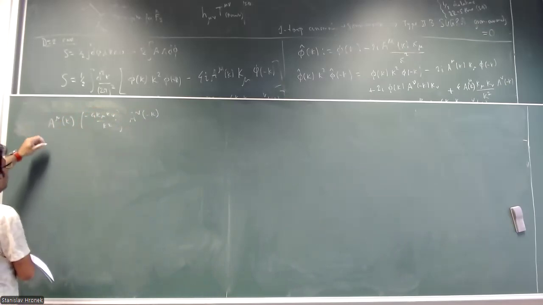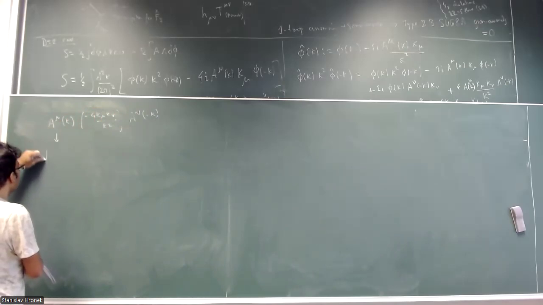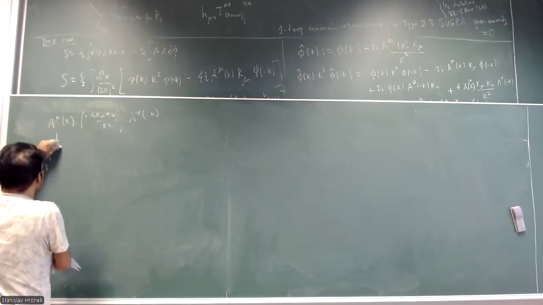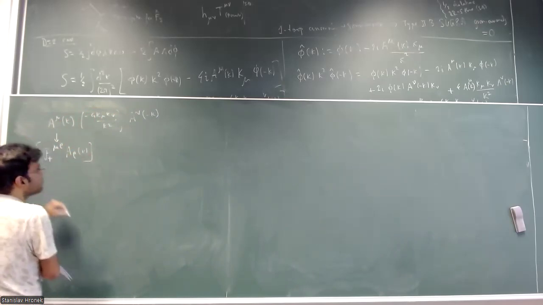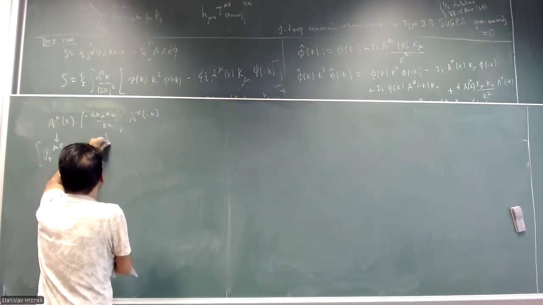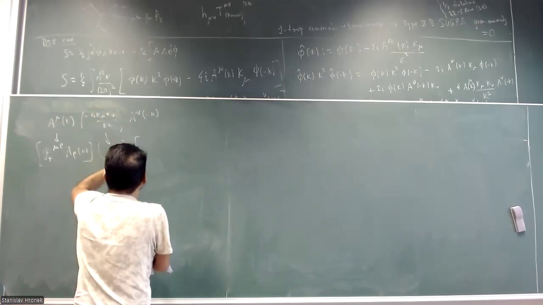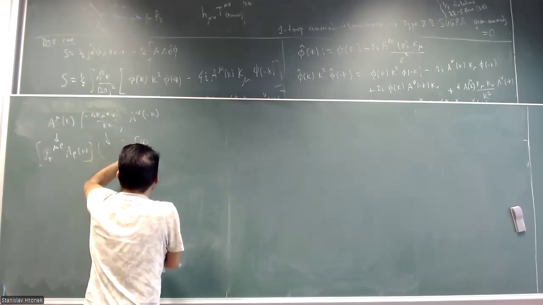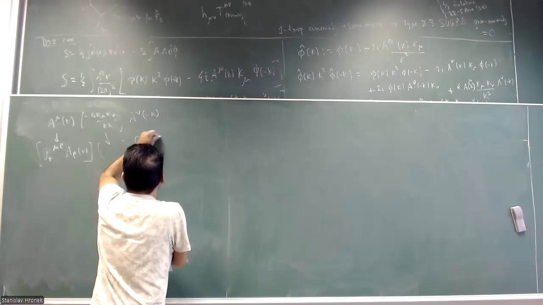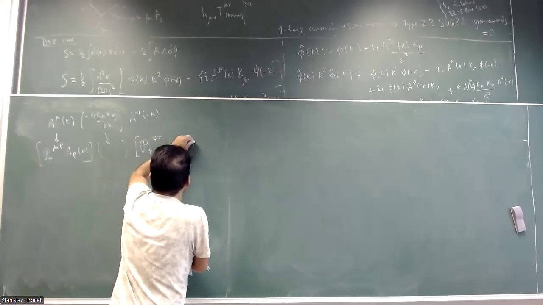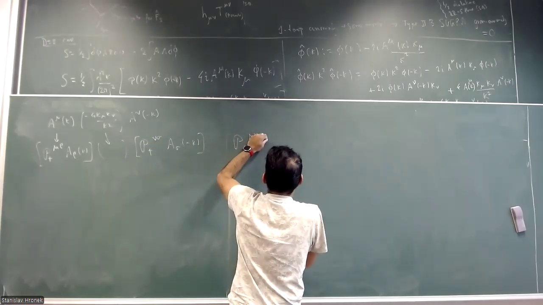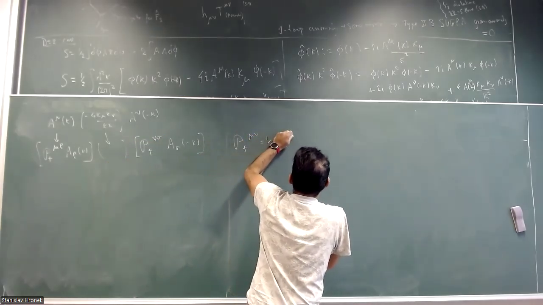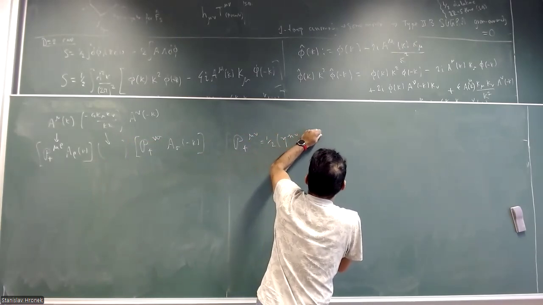So what we can do here is that we can write this thing with the same factor here, and write this guy as some projector P plus, where P plus mu is half equal to mu plus epsilon.